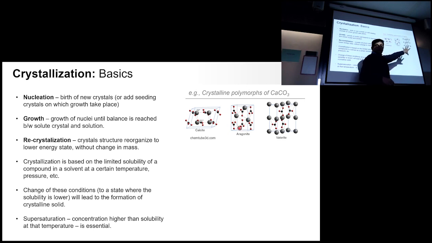These are the three most well-known forms of calcium carbonate, and therefore they are called polymorphs, and they have increasing energy requirement to crystallize.